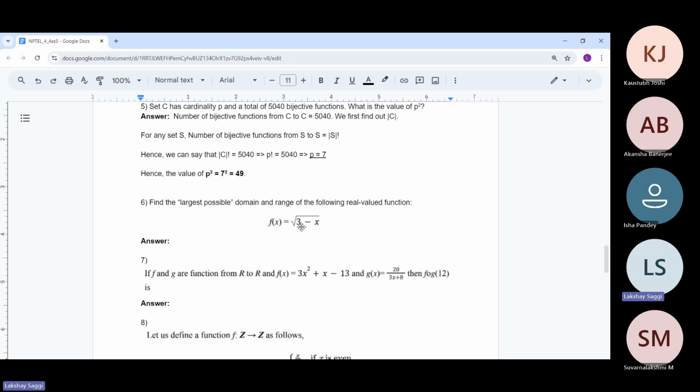If a function is square root 3 minus x, and we are given that the function is real valued, we can't include any complex numbers, neither in the range nor in the domain. So what will be the largest possible domain keeping this function real valued? Okay, so Akansha is saying in the chat that the domain should be from -3 to 3.